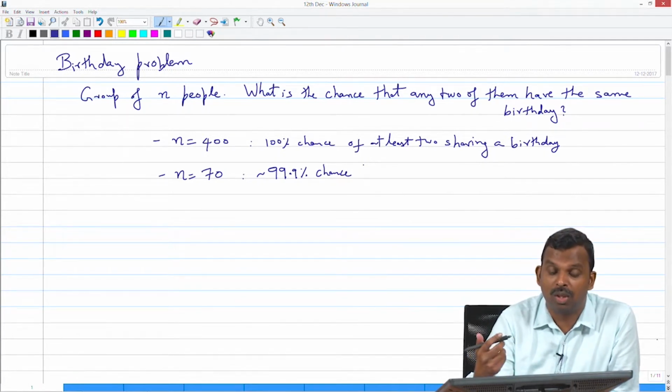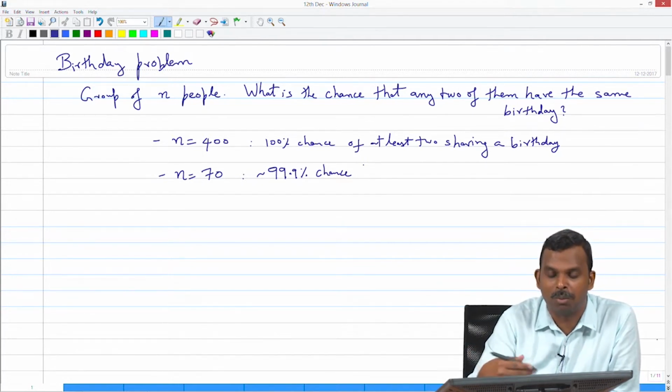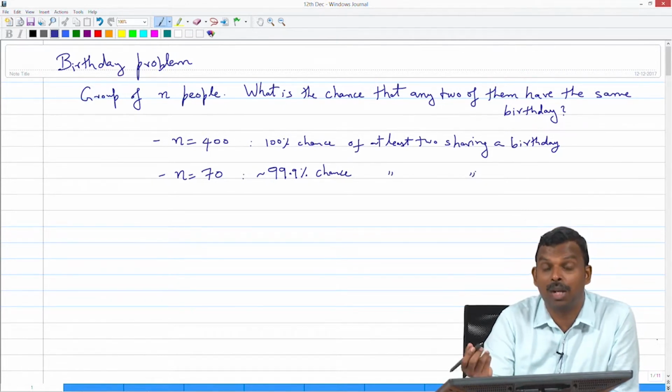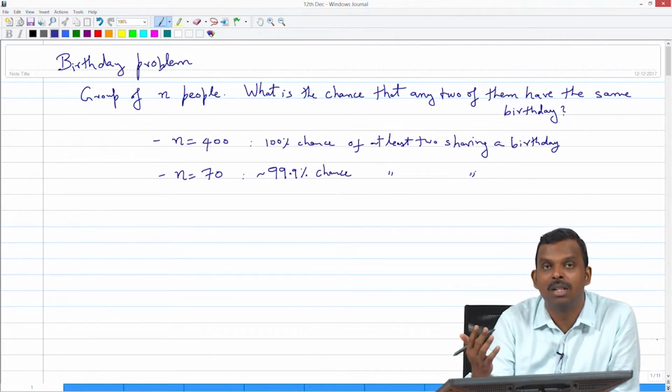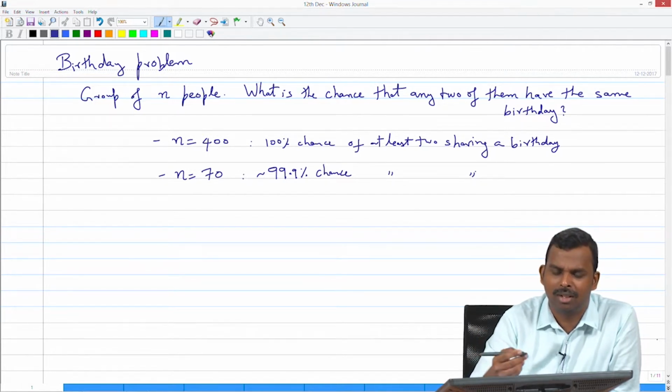Even for 70 people, it is almost certain that two people will have the same birthday, according to the probabilistic model that we will put down. So, you do not really need of the order of 350 or 400 people before two people start sharing a birthday. Even 70 people are enough, and the probabilistic model is basically uniform. It is a very interesting model, and it definitely works in practice.